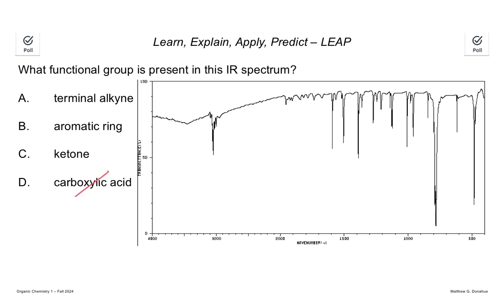So probably carboxylic acid, right off the bat. You don't really see anything coming down this way that belongs to an OH. There's really no carbonyl either. So then that can eliminate ketone. And so that gives you terminal alkyne or aromatic ring.